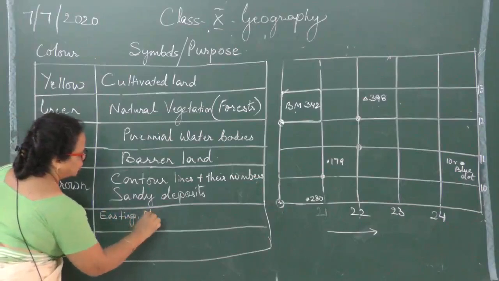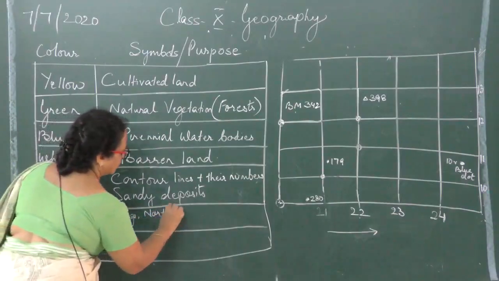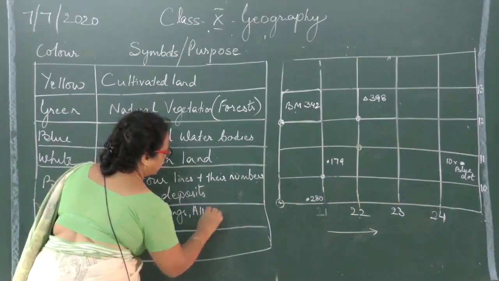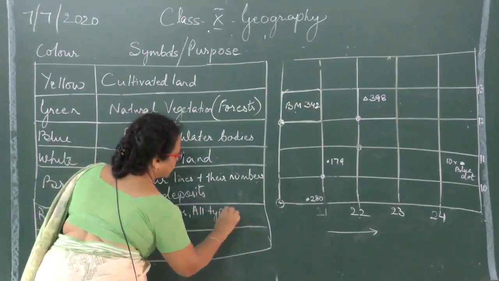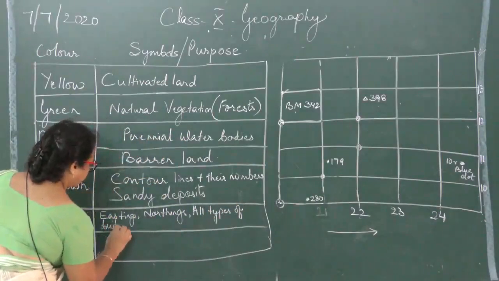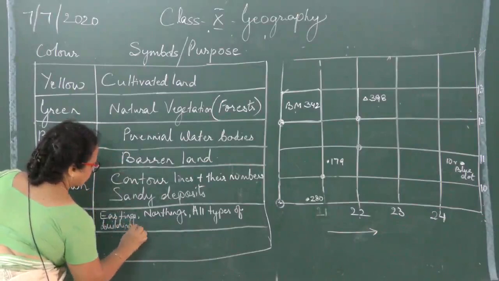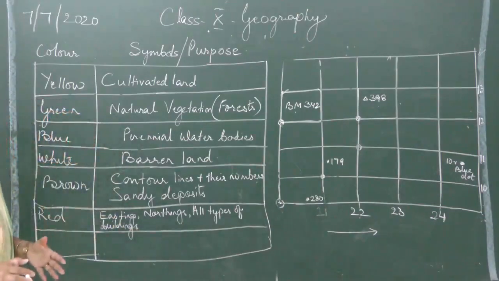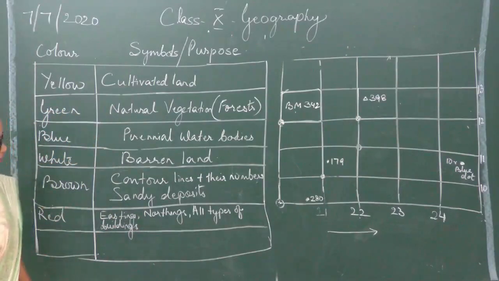Eastings, northings, all types of buildings. We call them settlements also, where there are many buildings.